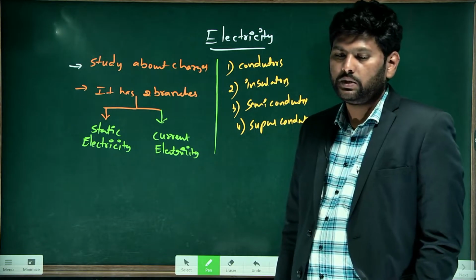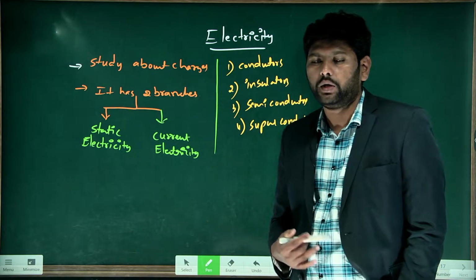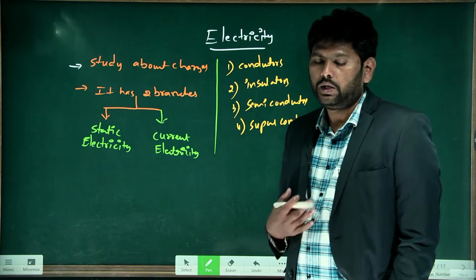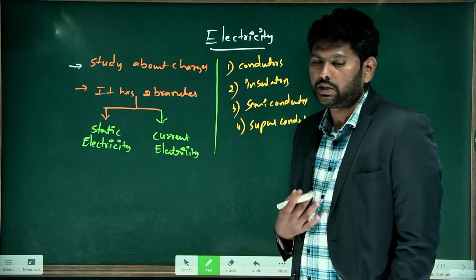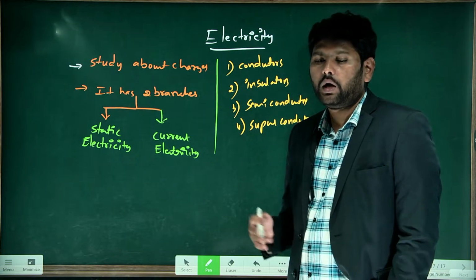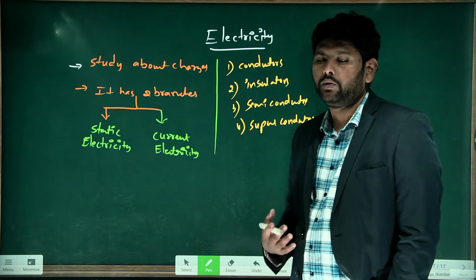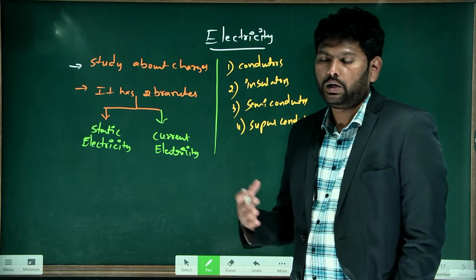Conductors are the materials which allow the charges to pass through easily. Examples: all metals allow charges through easily, so we consider all metals as conductors. Insulators are the materials which do not allow the charges to pass through. Semiconductors are the materials which partially allow the charges through.